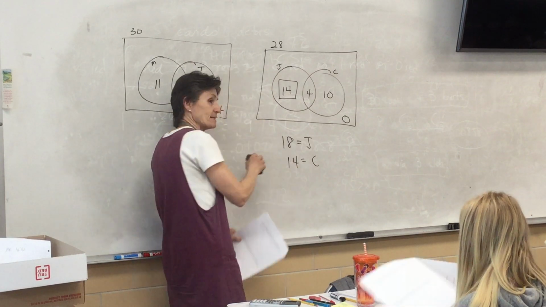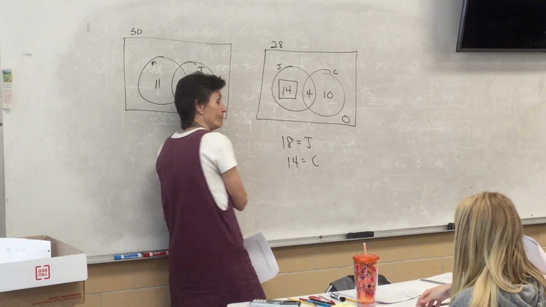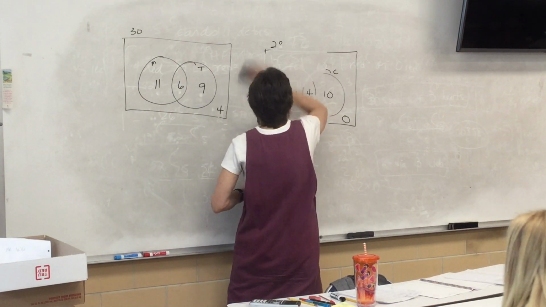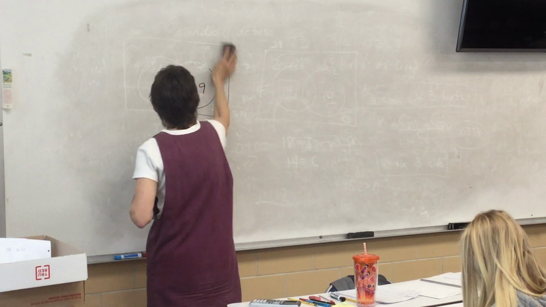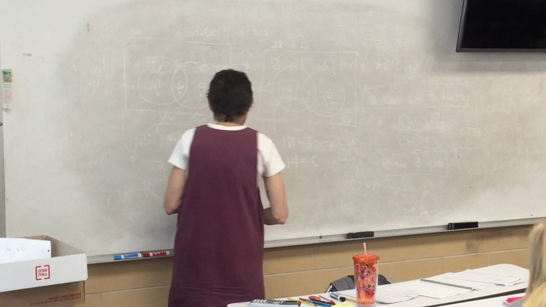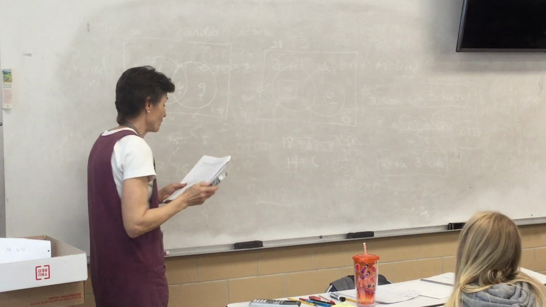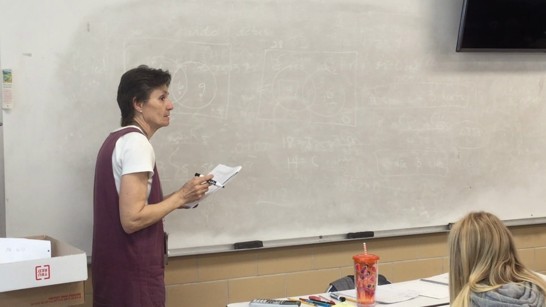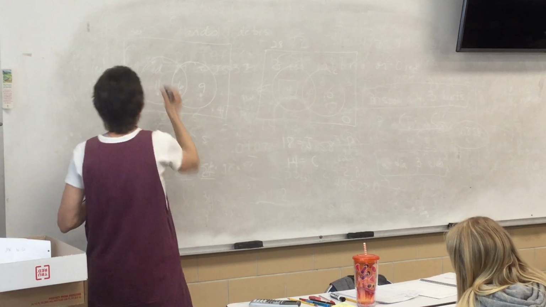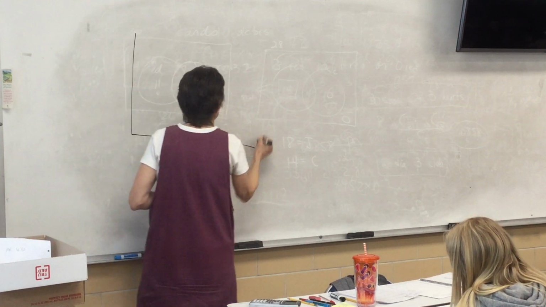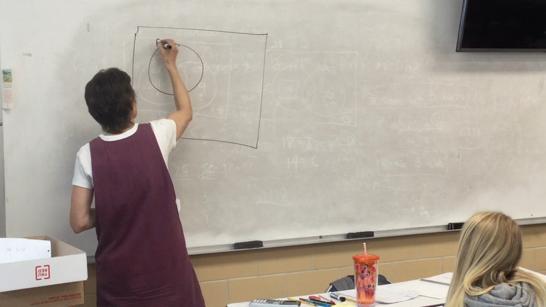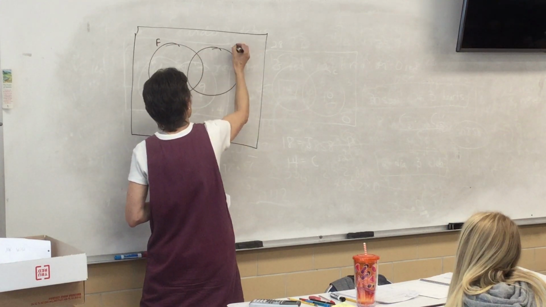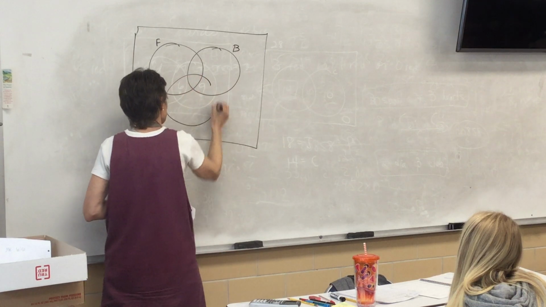Okay, so did this make sense to everybody? All right, now we're gonna do another Venn diagram, but it's gonna be bigger. Because now we like Fords, Buicks, or Chevys. So now our Venn diagram has a Ford circle, a Buick circle, and a Chevy circle.